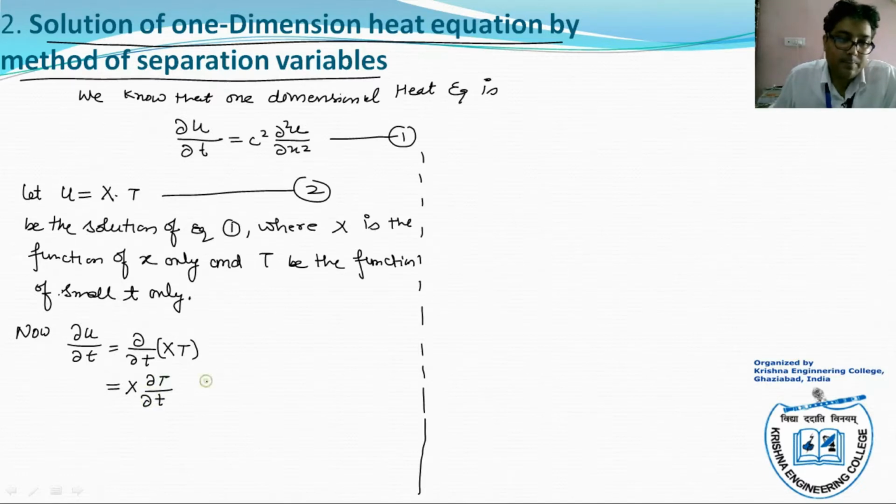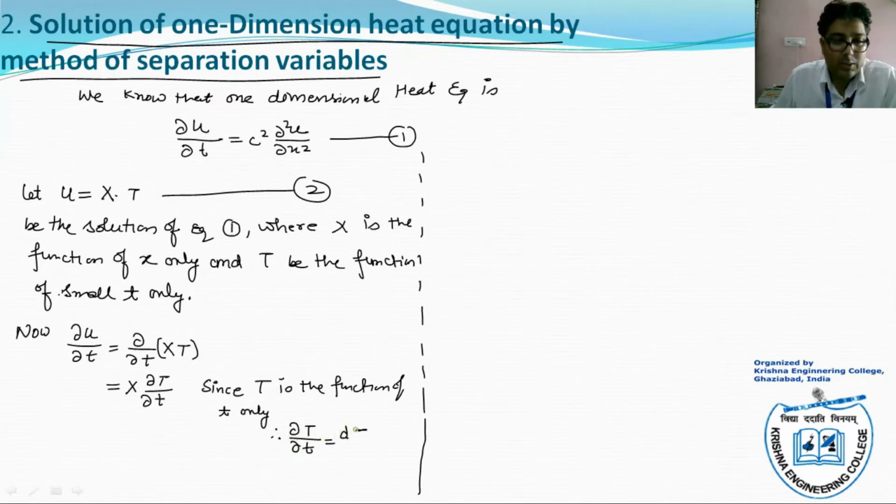Again, since capital T is the function of small t only, its partial derivative is equal to its total derivative. So in this case del u over del t becomes dT over dt. Clear?